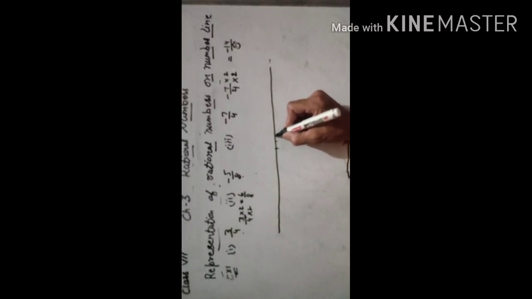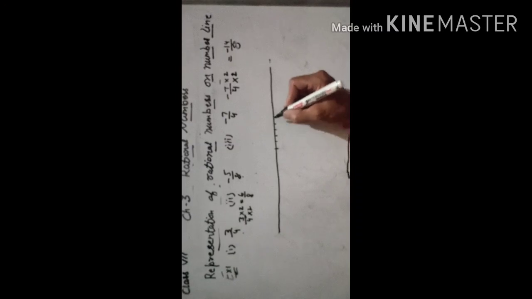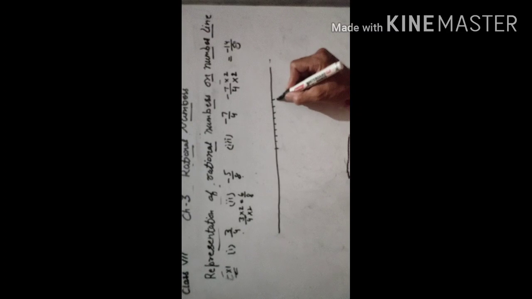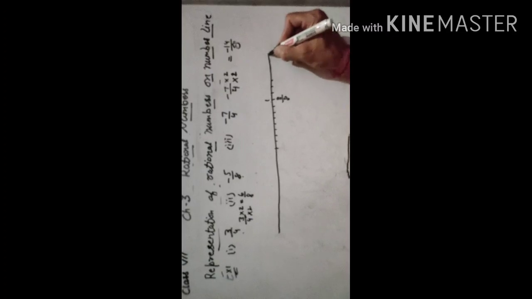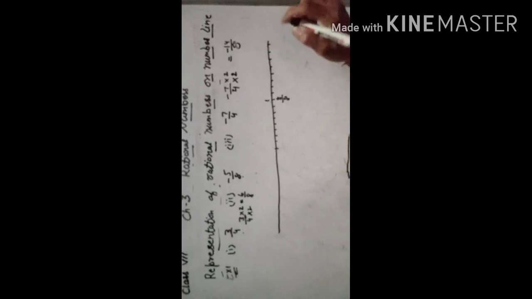Now the denominator is 8. This is 1, 2, 3, 4, 5, 6, 7, 8. This is 8/8, that is 1. 1, 2, 3, 4, 5, 6, 7 and 8. This is 16/8, that is 2.